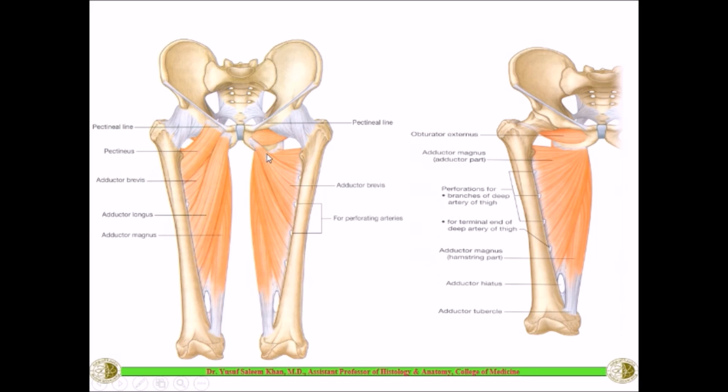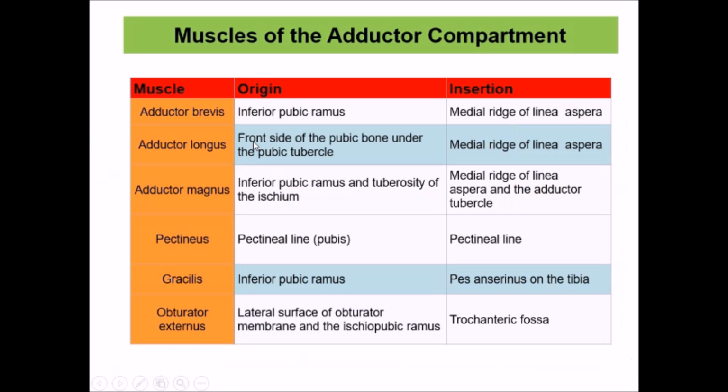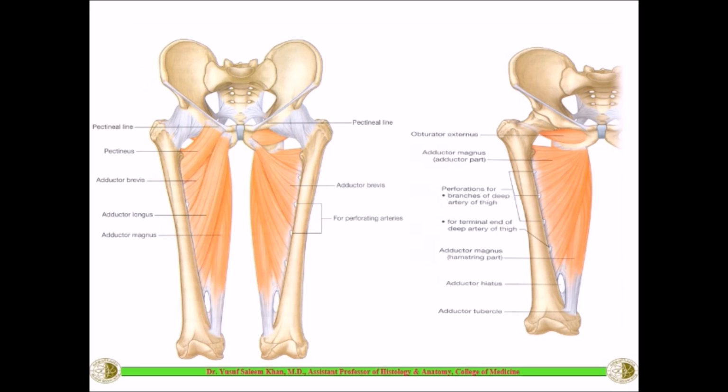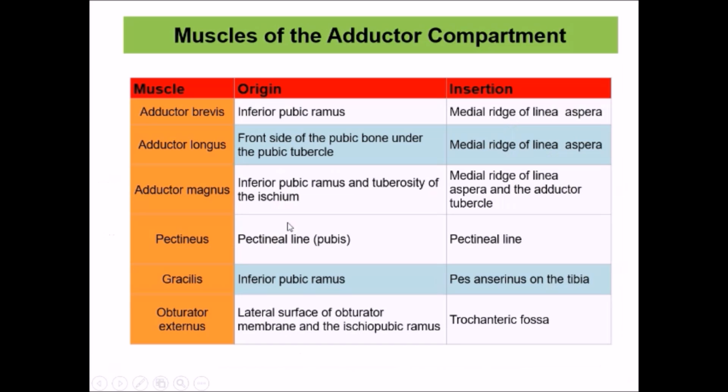The adductor brevis takes origin from the inferior ramus of the pubis and gets inserted to the medial ridge of the linea aspera. If you see here, this muscle will go towards the femur and it gets inserted to the linea aspera on the medial ridge or medial lip of the linea aspera.